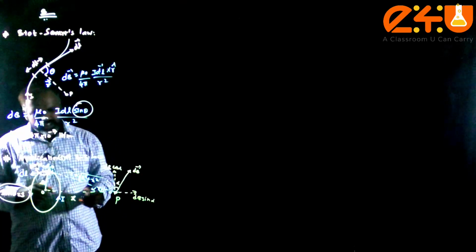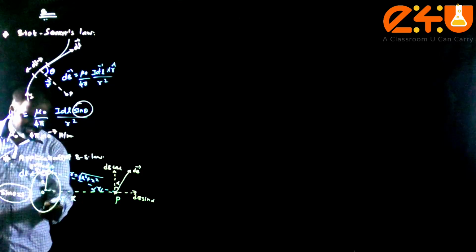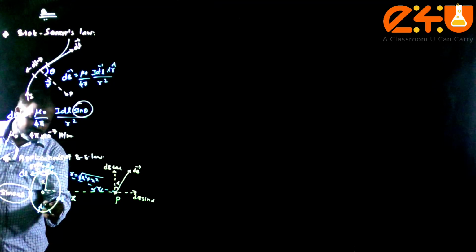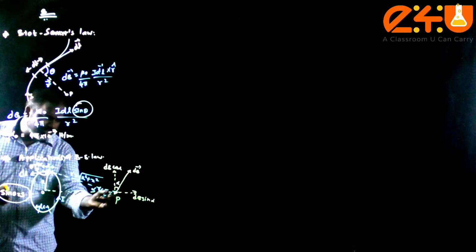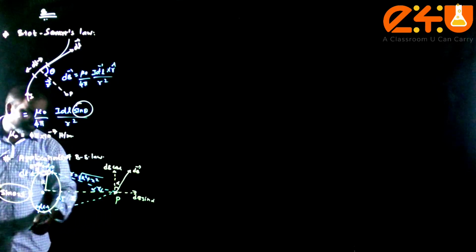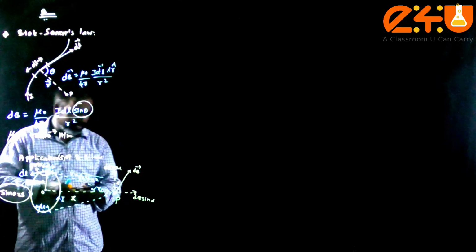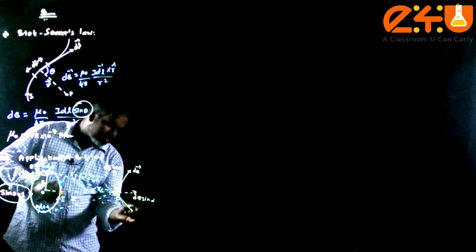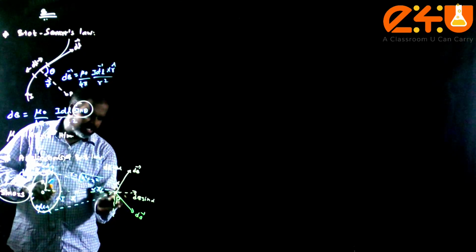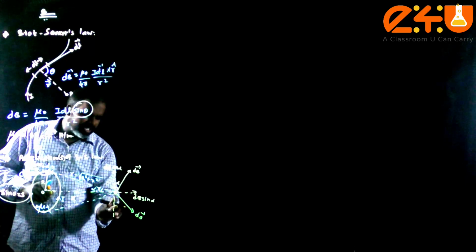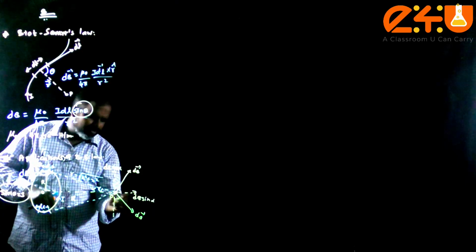Similarly, just consider a diametrically opposite element. This is dl, the diametrically opposite element. Due to this lower element, the magnetic field is produced in this direction. This is another dB vector, which makes angle alpha with the vertical, since it is exactly diametrically opposite.